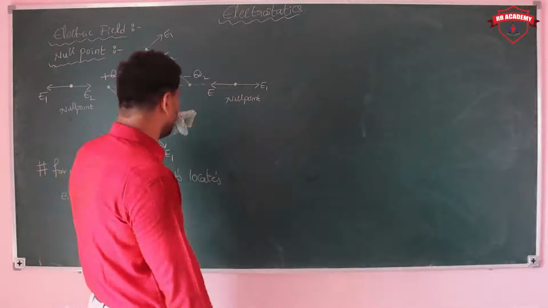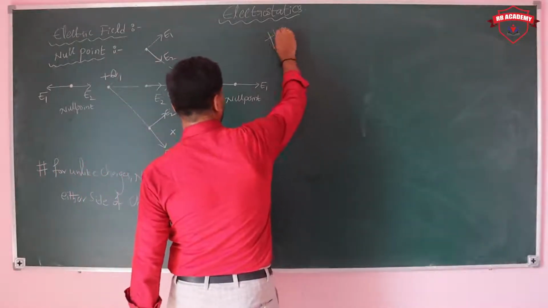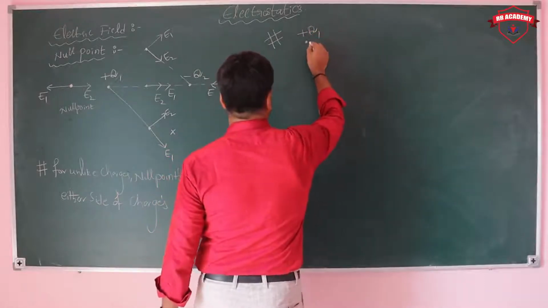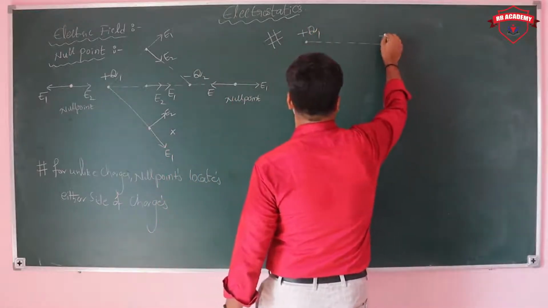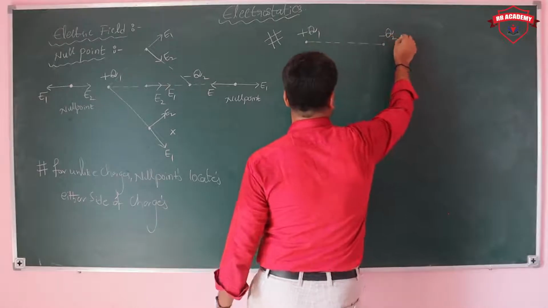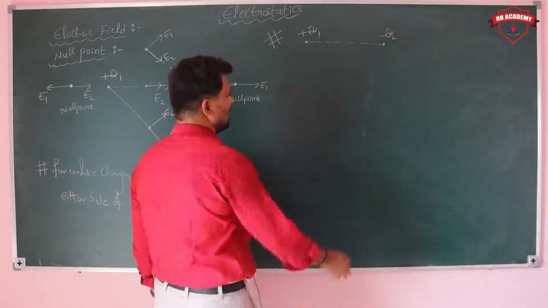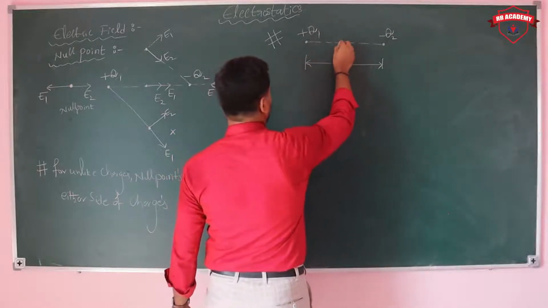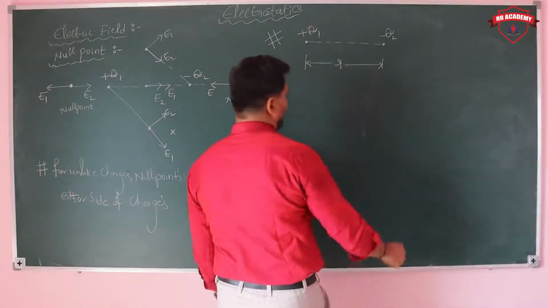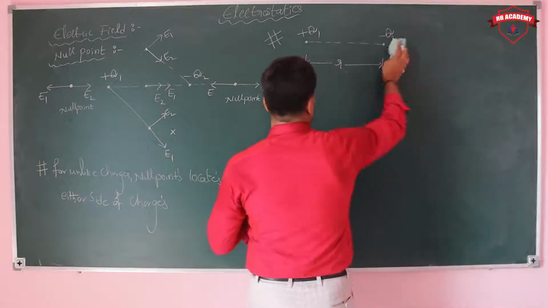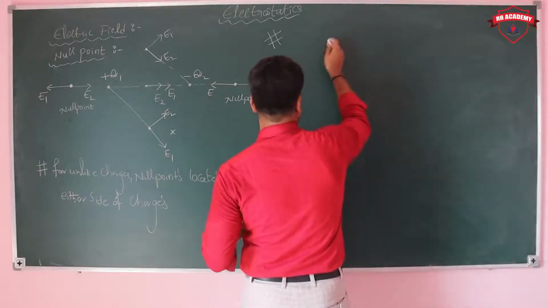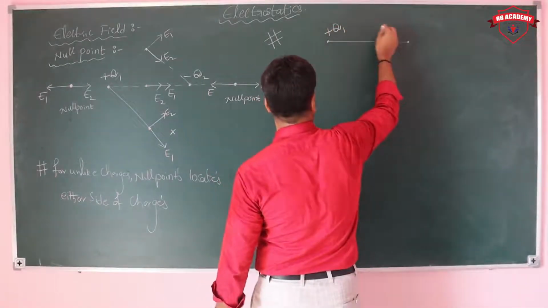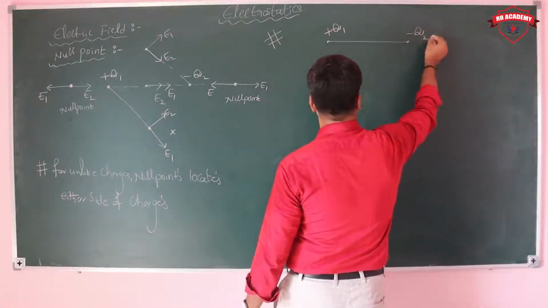Okay, we'll derive the formula. Here I am considering plus Q1 and minus Q2, separated by distance R, and the null point is on either side of the charges.